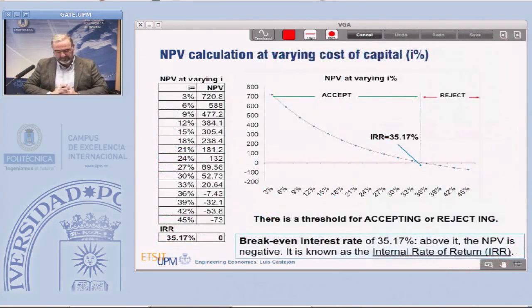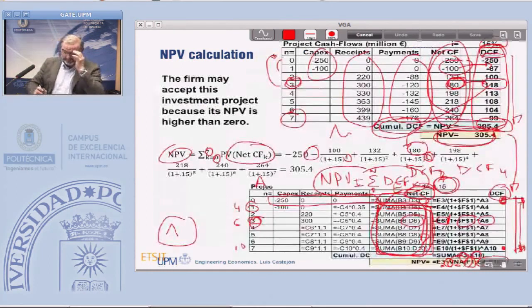Okay. One important fact is that we have to deepen in the net present value calculation, and one fact is the effect of interest rate. We have used 15 in this project.